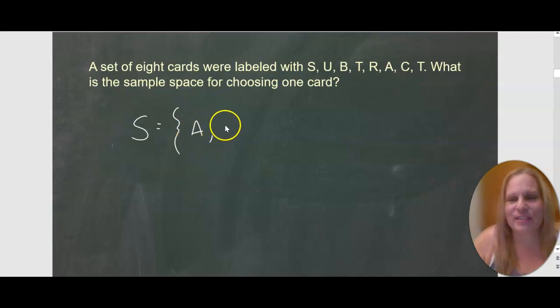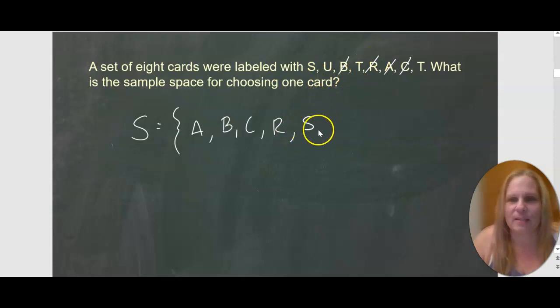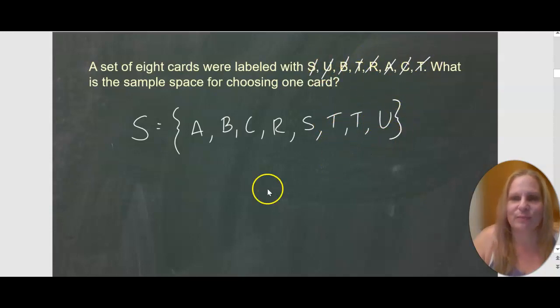A would be first, and then B, and then C. I'm going to cross them off as I use them so I'm not distracted. R, S, T, and U, right? So R, there's only one, and then S, and then there are two T's and a U. So there's my sample space.